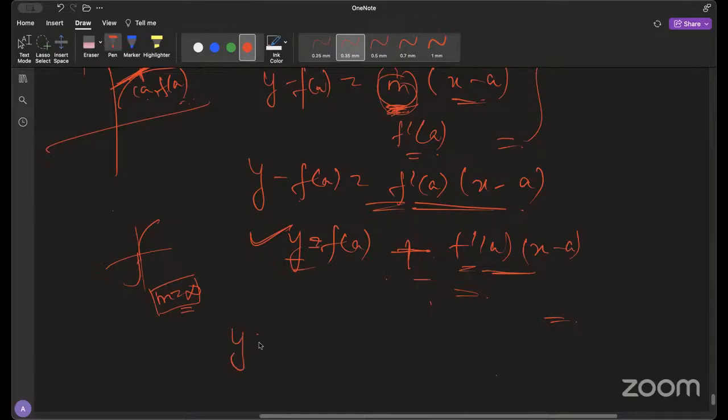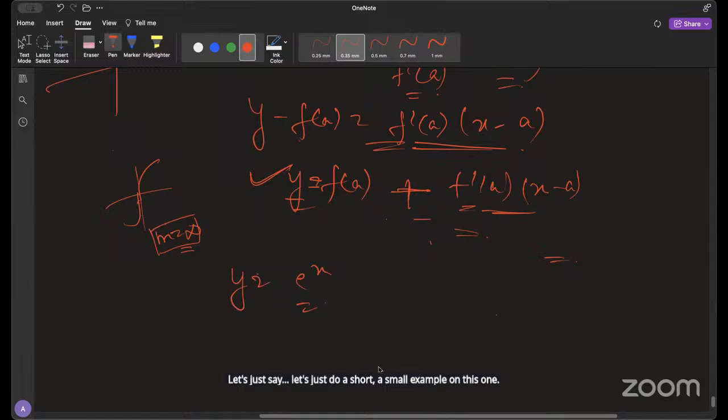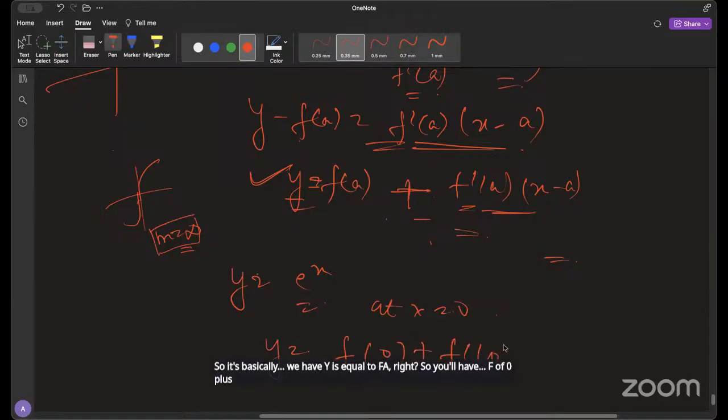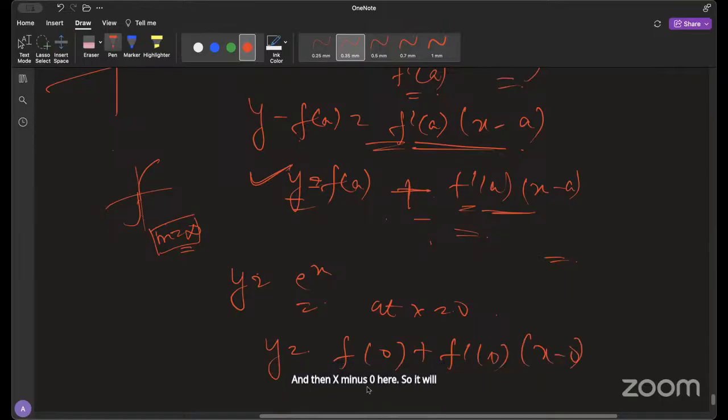Let's just do a small example on this one. If you need to find the tangent at, say, e to the power x at x equals to 0, we have y equals f of 0 plus f dash 0 times x minus 0. So f of 0 is 1, f dash 0 is 1 again, and this is x minus 0.